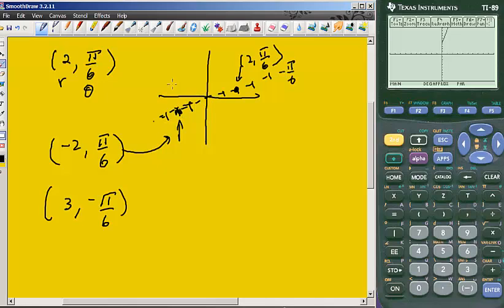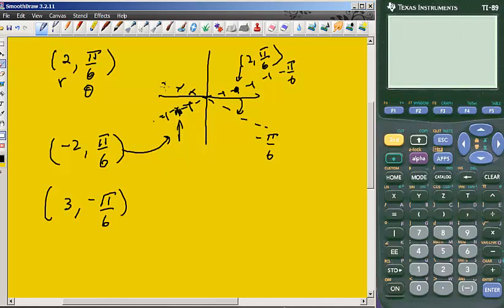Negative pi over 6 is this line right here, because I'm going down. Then 1, 2, 3, 4. 3 comma negative pi over 6 is here.